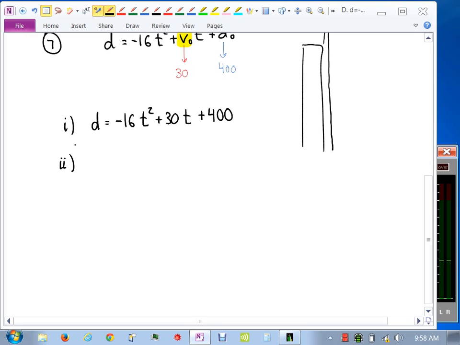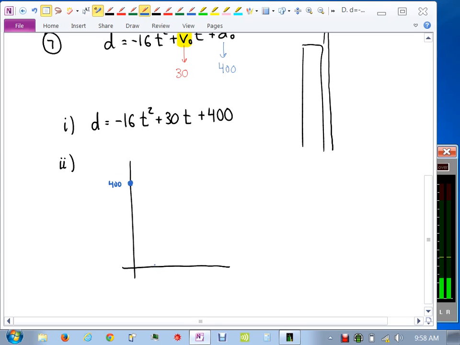All right, it looks like, okay. So on our graph, here's what you'll get. You'll have a y-intercept, again, a y-intercept of 400.